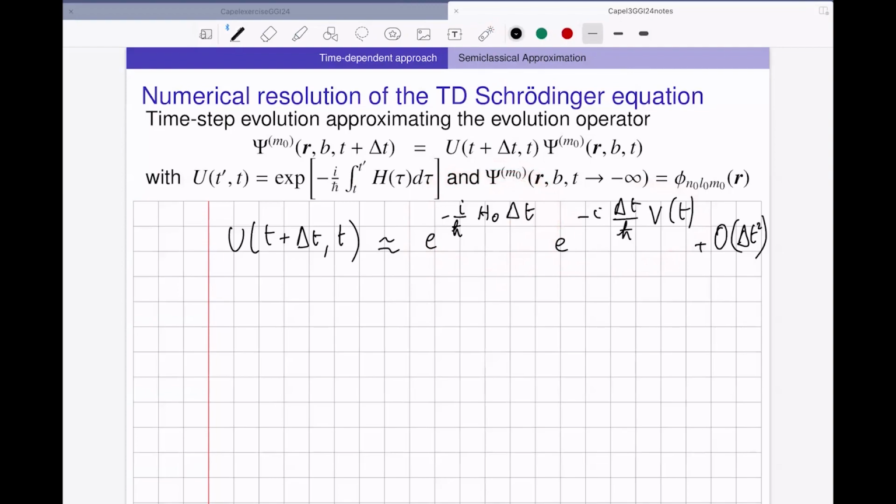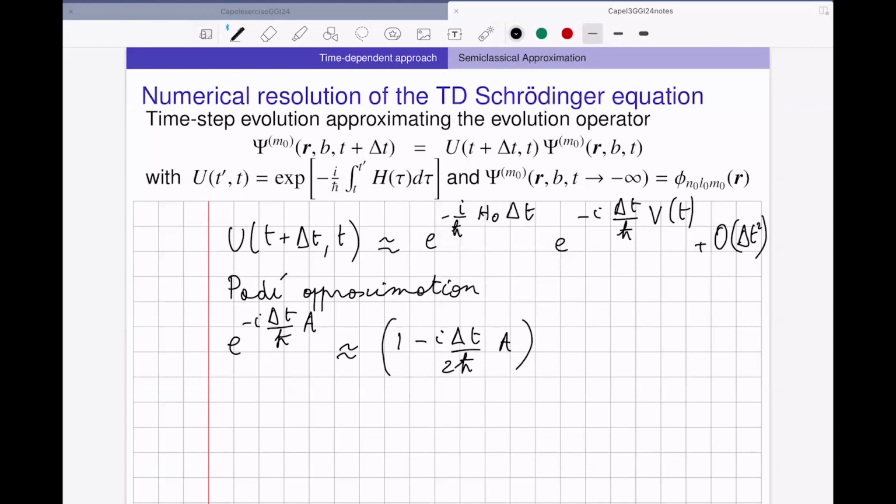So what we usually do is use a Crank-Nicolson approximation, where e to the power i delta t over h bar times A is approximated by 1 minus i delta t over 2 h bar A, times the inverse of 1 plus i delta t over 2 h bar A, and this is of order 3.